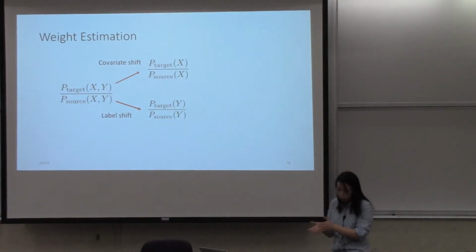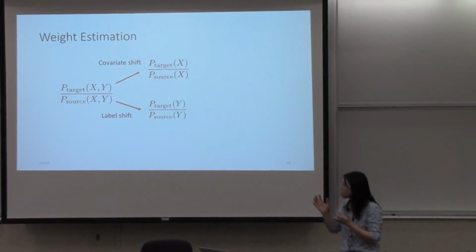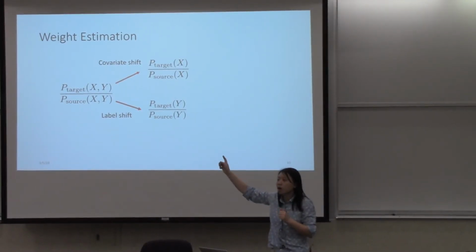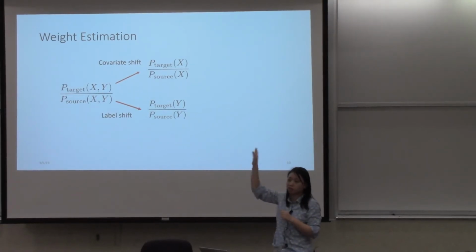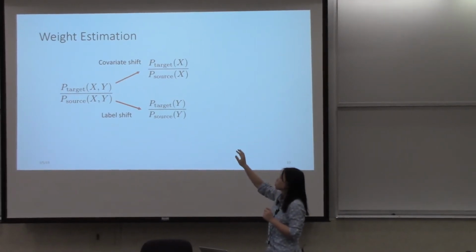So depending on where this shift happens, whether in the covariate or in the label, this weight estimation problem will just reduce, because some part of this joint distribution cancels out between the source and target since they're equivalent. In the covariate shift case, this weight estimation will just reduce to P target X over P source X, so on the X variable.